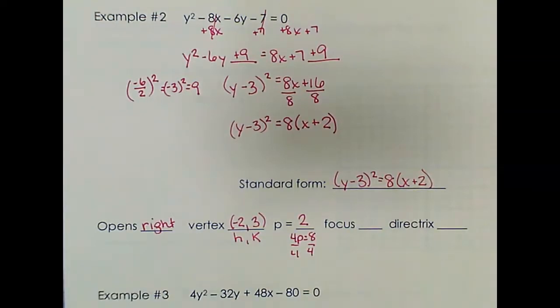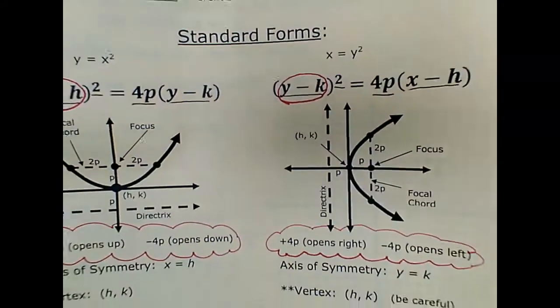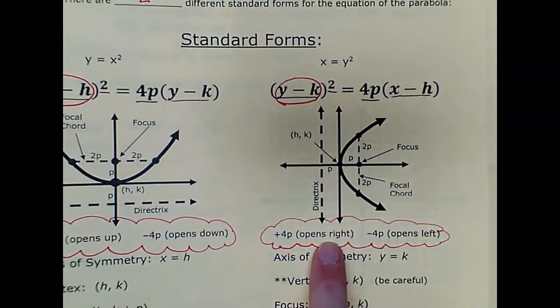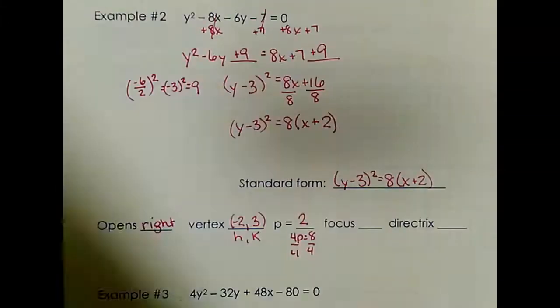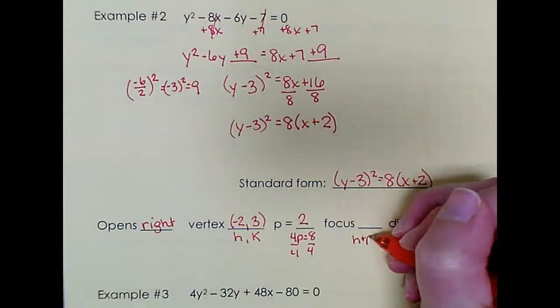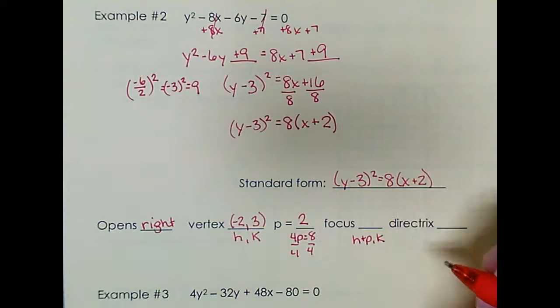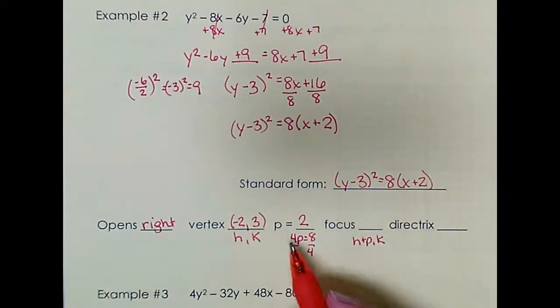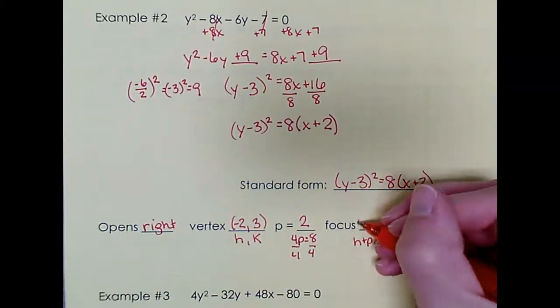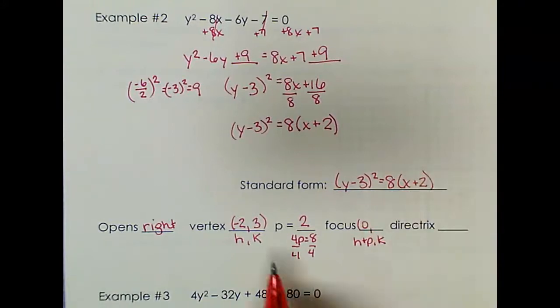My focus from my notes yesterday, looking at the horizontal parabolas, the focus is h plus p comma k. So h plus p comma k. H is -2, p is 2, so if I add them together, I get 0. K is 3.